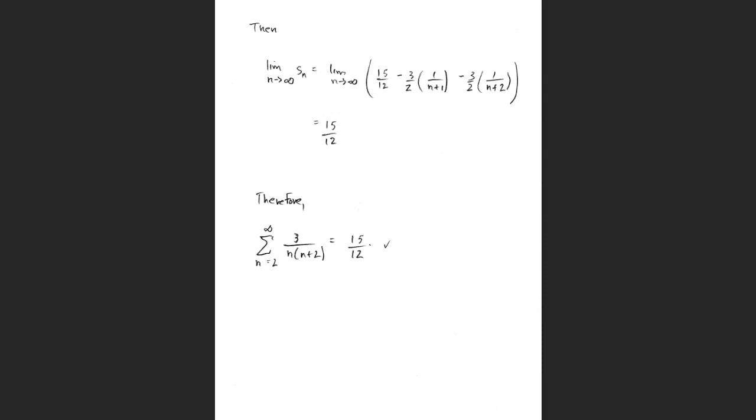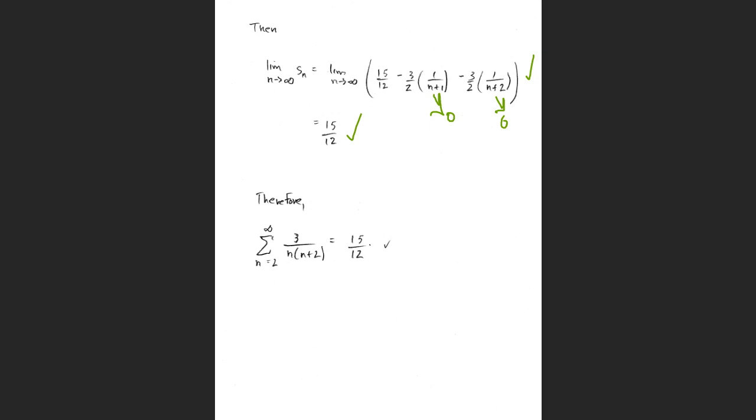When you take the limit as n goes to infinity, this term goes to 0, this term goes to 0, and you're left with 15/12. So that's what your series equals.